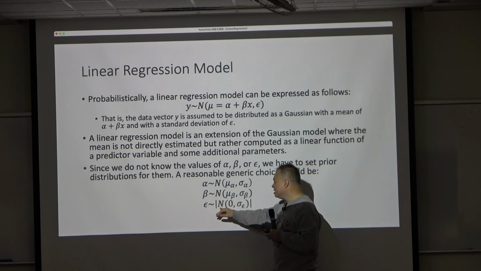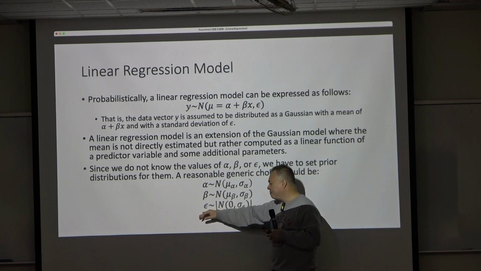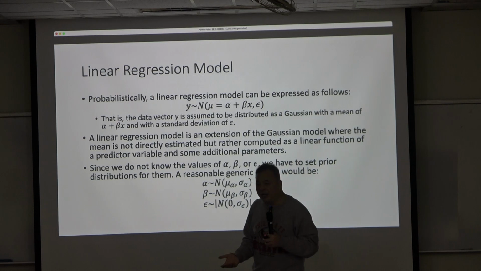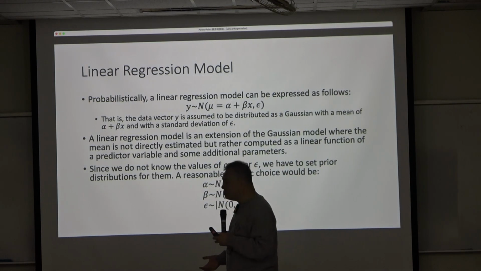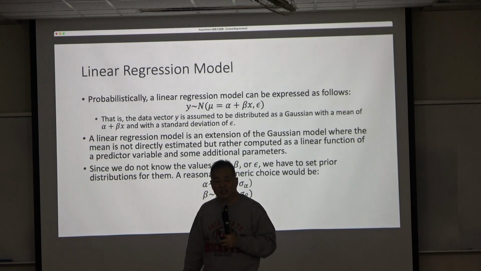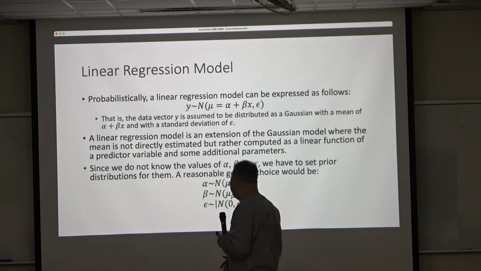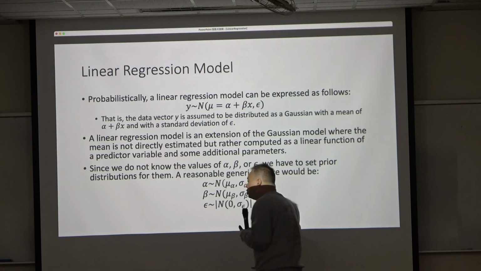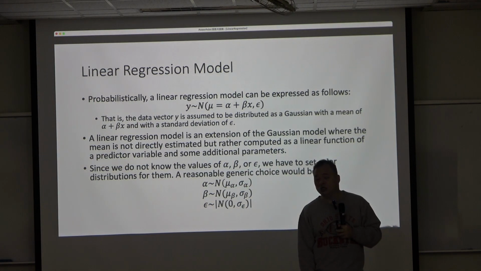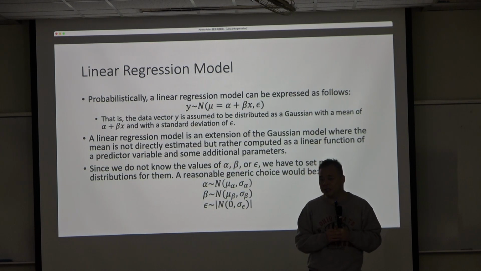And epsilon is half normal. Why do we set epsilon to be half normal? Because it has to be positive. For alpha and beta, we don't know if it is positive or not. It could be positive, it could be negative.